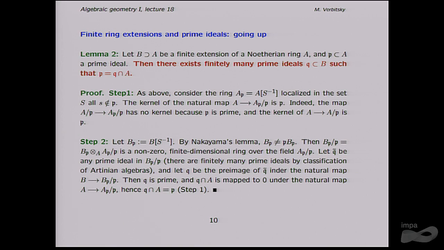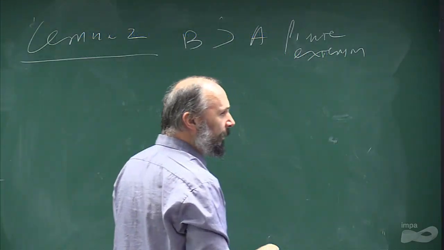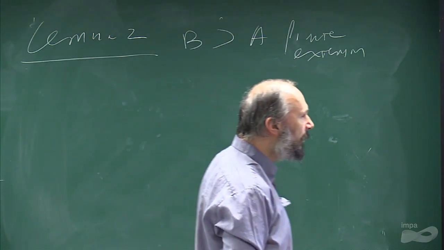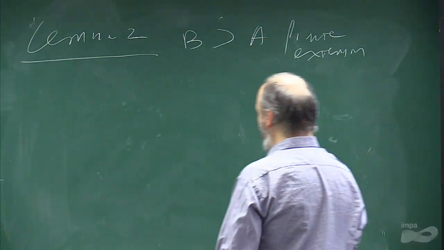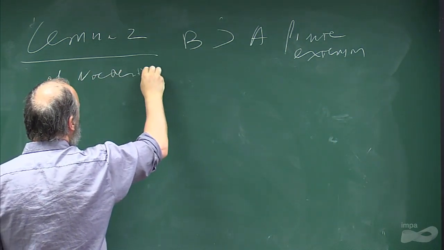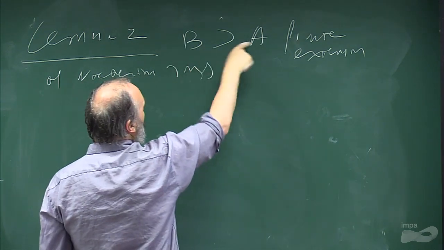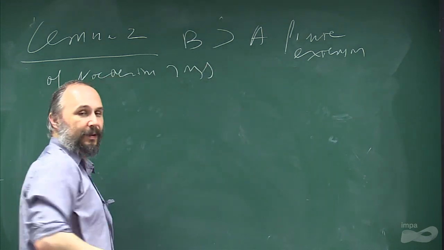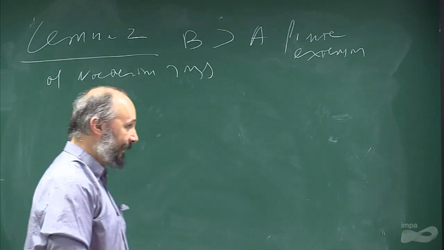Again, B and A, a finite extension. But now everything is Noetherian. Yes, it's written there, of Noetherian rings. It's sort of easy that if A is Noetherian, then B is also Noetherian, because it's finitely generated.